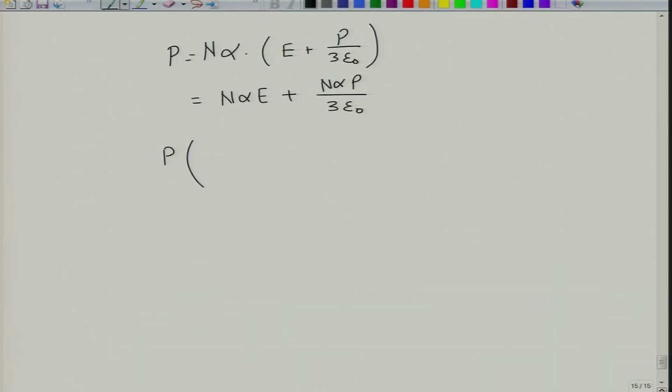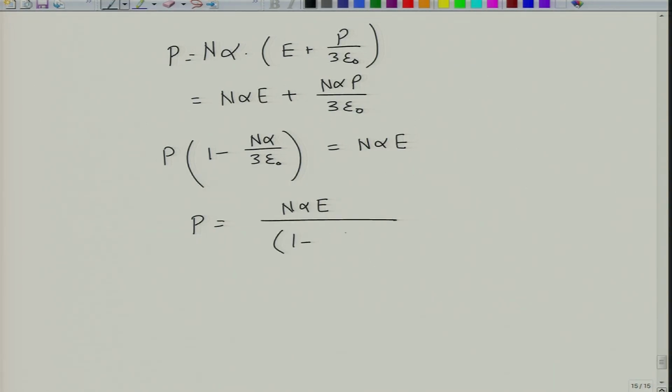I can write this in terms of 1 minus n alpha divided by 3 epsilon naught, times P, is equal to n alpha E. So P is now equal to n alpha E divided by 1 minus n alpha divided by 3 epsilon naught, okay. We know that susceptibility now, we know that epsilon r prime minus 1 is equal to susceptibility.